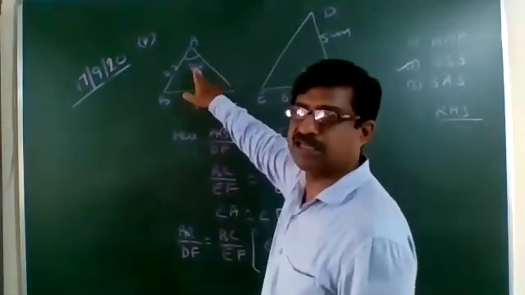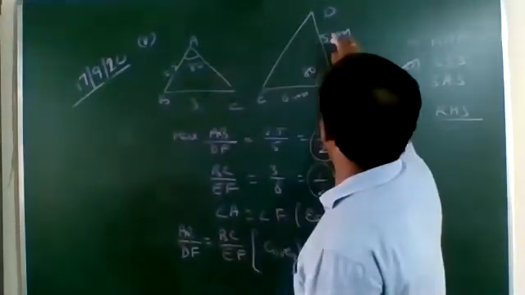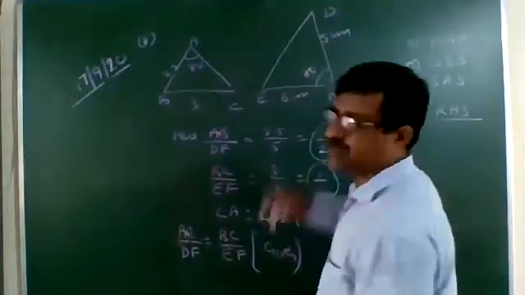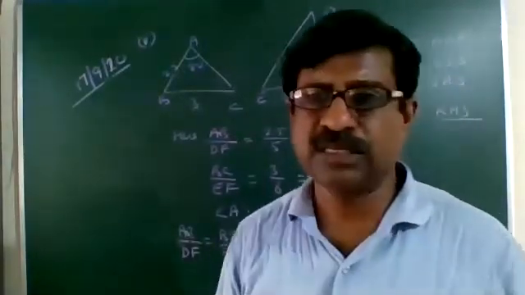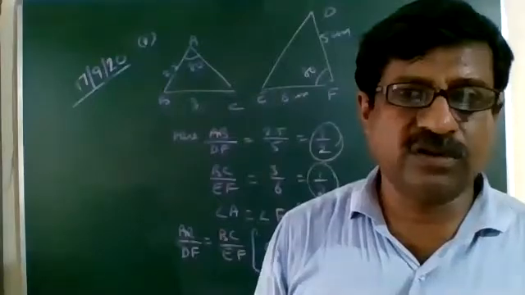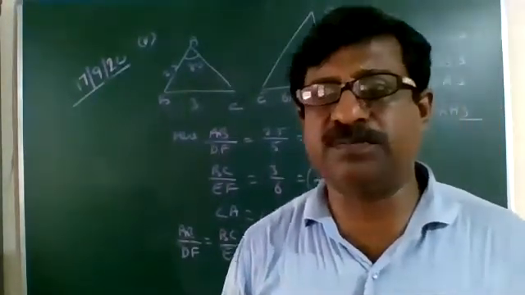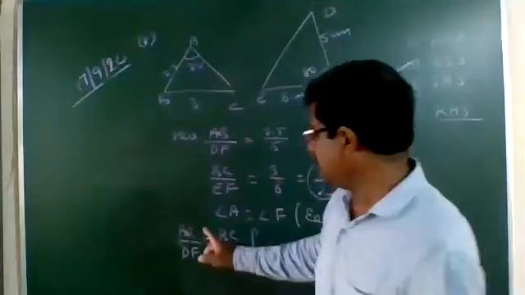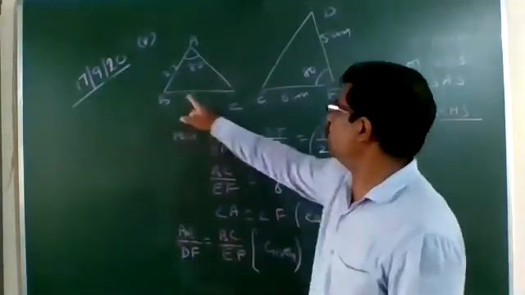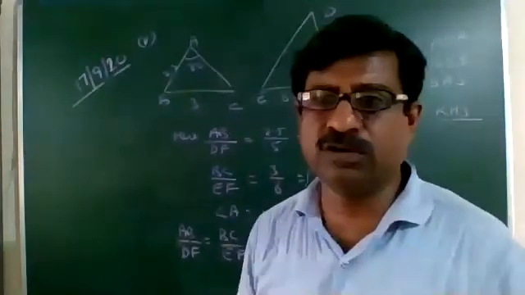Here we got 80 degree, which is not in between AB and BC. Even though for DF and EF, the angle is in between the given two sides, here the triangles will not be similar. The reason is the angle is not in between the two sides which are taken. If we take AB and BC, then angle B should be equal to angle F. But here we are not getting angle B equal to angle F.